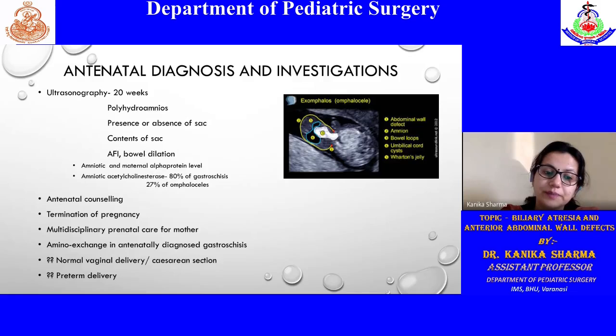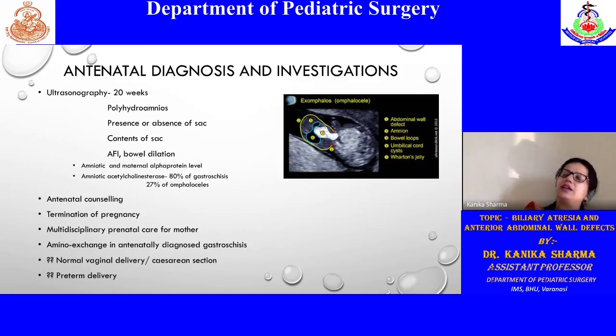If they come early, less than 20 weeks, then termination can be considered. If they come later, then depending upon the child's condition, or if there is polyhydramnios or massive bowel dilatation, one has to plan for amnio exchange, so as to remove the excreta from the amniotic fluid and replenish it with clearer amniotic fluid.